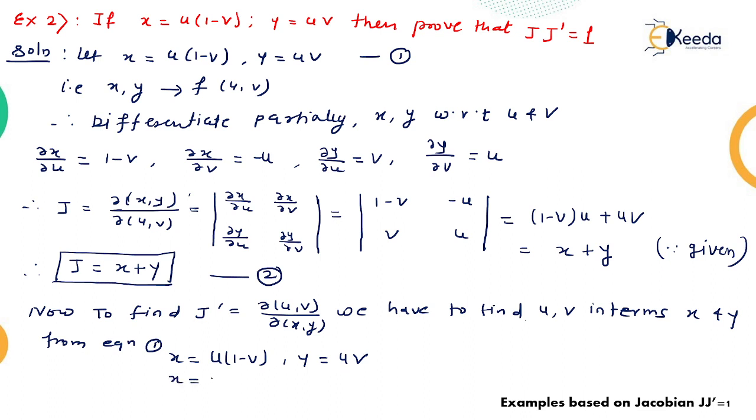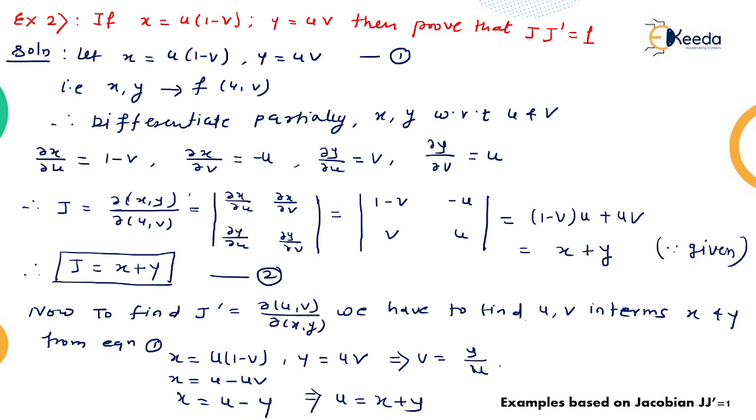So x is nothing but u minus uv. So that is x equals u minus y, and that implies u equals x plus y. And v is equal to y divided by u, v in terms of y by u.